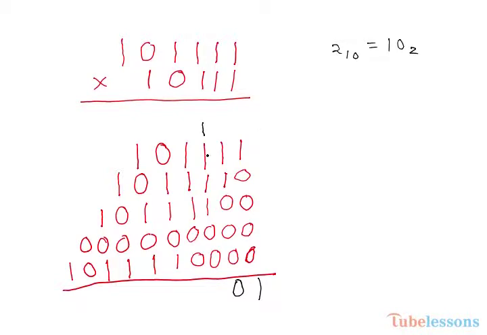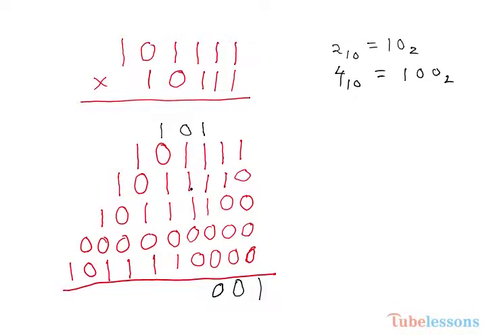Now 1 plus 1 is 2, 2 plus 1 is 3, 3 plus 1 is 4. So decimal 4 is equivalent to binary 100. Let's put that 0 here, and that 0 will be carried forward to here, and that 1 will be carried forward to the next column here.